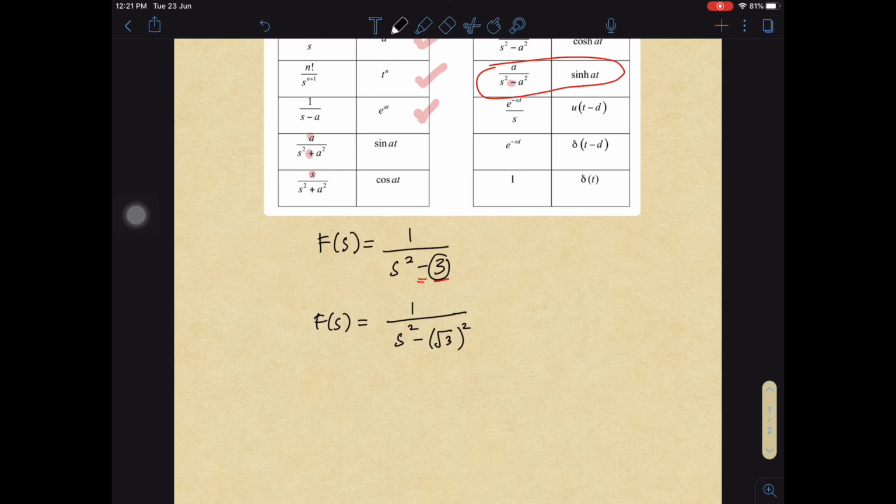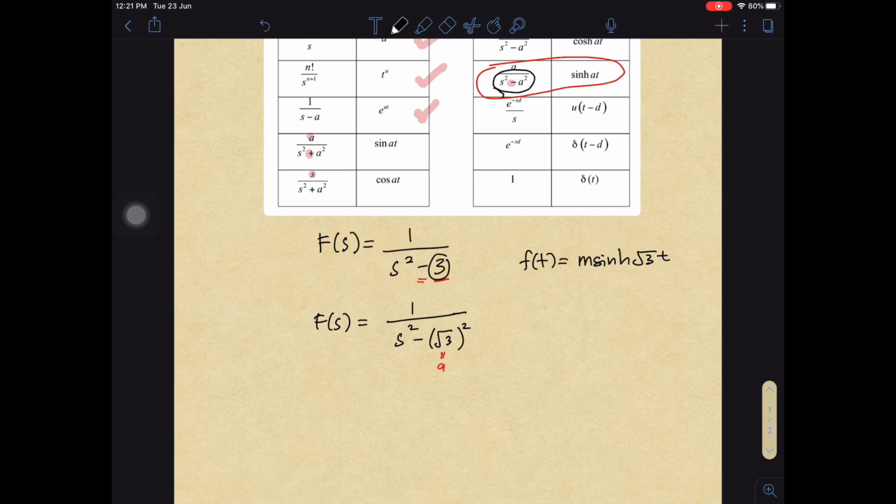So you have the same denominator as sine hyperbolic at. So you can find the value of a. Root 3 is now the value of a. So you can write your function f(t) equal to m sine hyperbolic at, where your a here is root 3, so sine hyperbolic root 3 t.